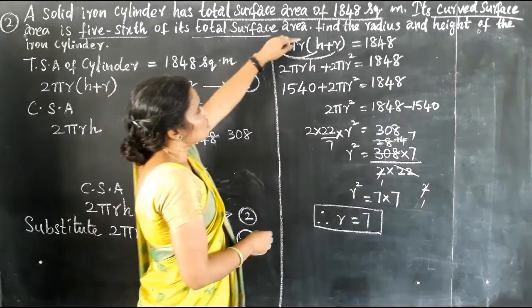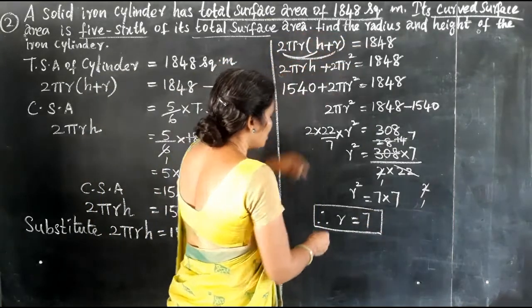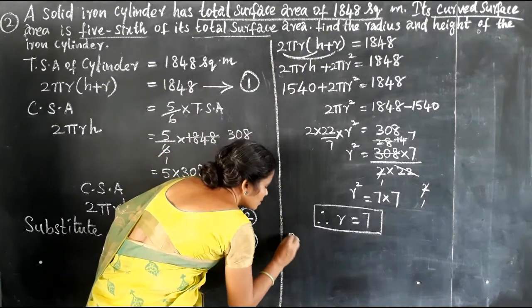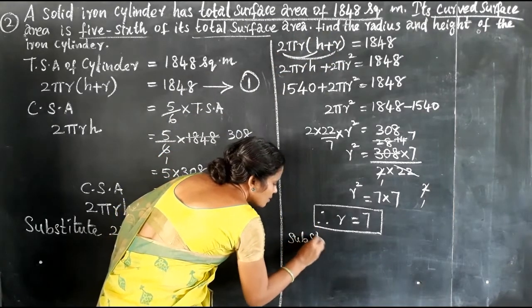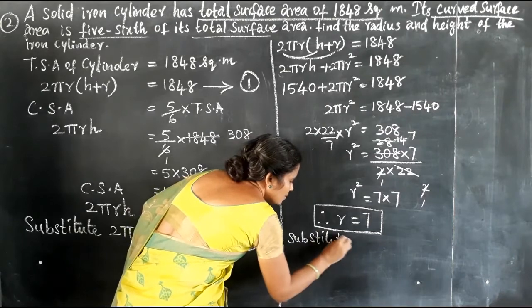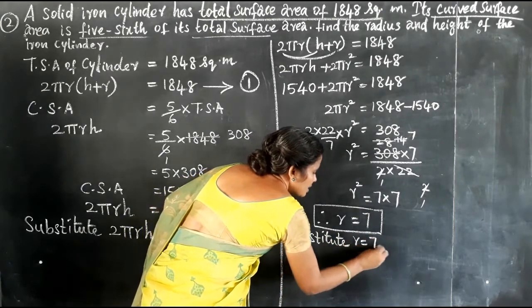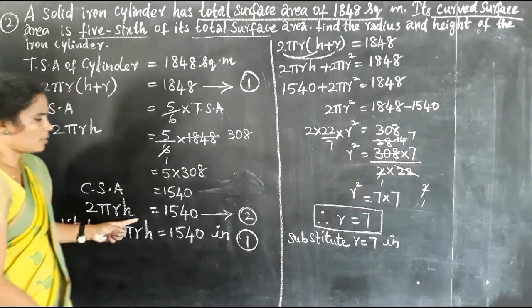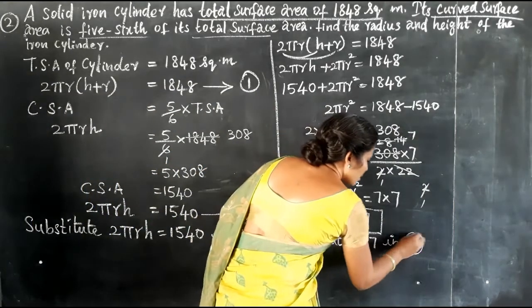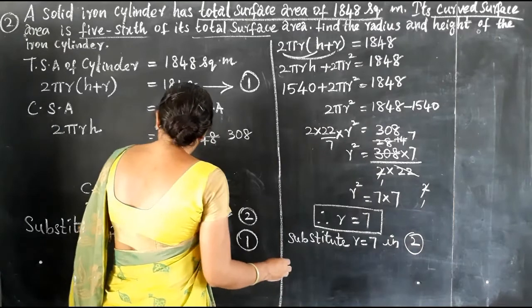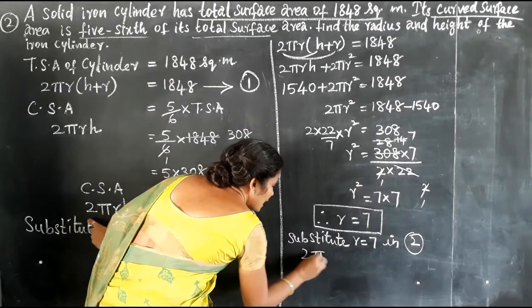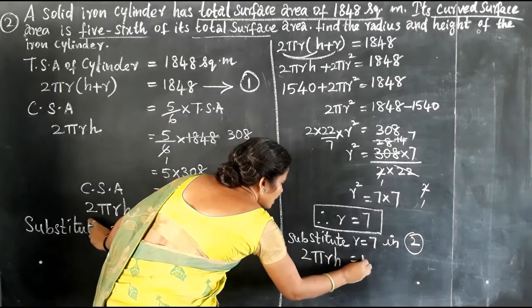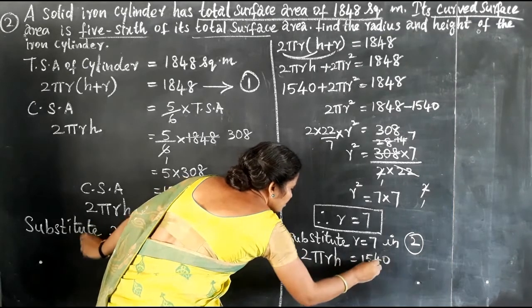So we are asked to find the radius and height. Now substitute r is equal to 7 in equation number 2. Taking 2πrh is equal to 1540.